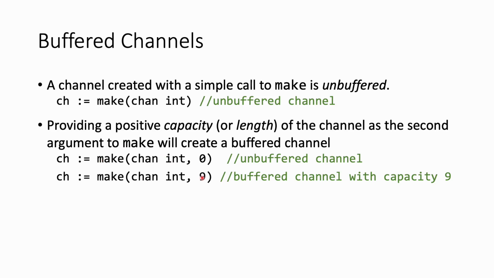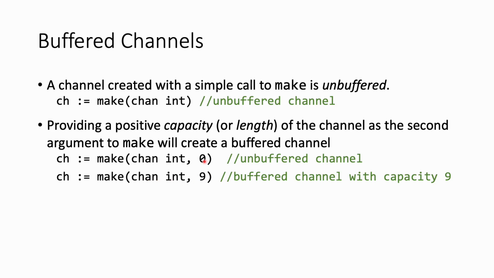To create a buffered channel, you just provide a positive capacity of the channel as the second argument to function make. For example, if you pass number 9 as the second argument to function make as in this example, then it creates a buffered channel with capacity 9.